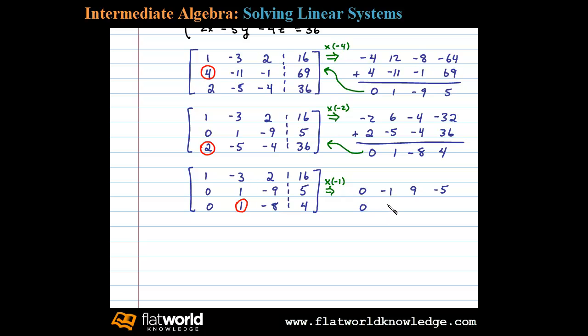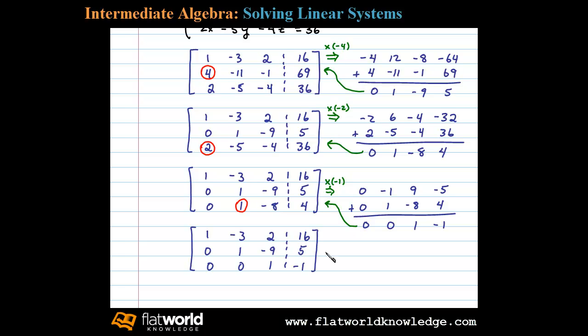Rewriting the third row right underneath that, we can then add these together. That leaves us with 0, 0, 1, and -1. Now we'll use this to replace the third row again. And this leaves us with an equivalent matrix in upper triangular form.